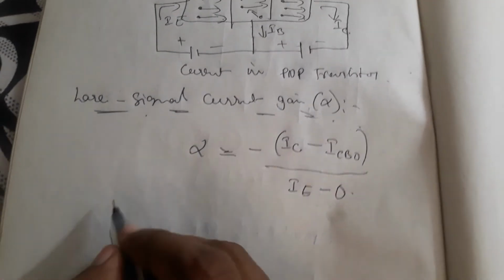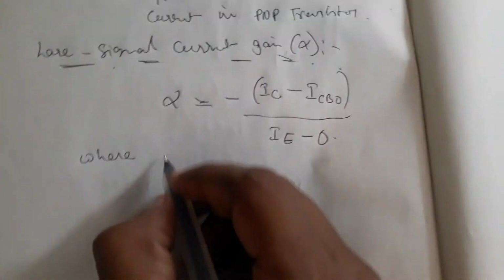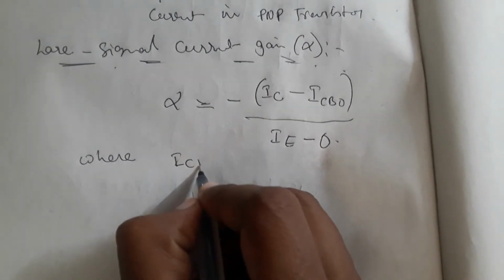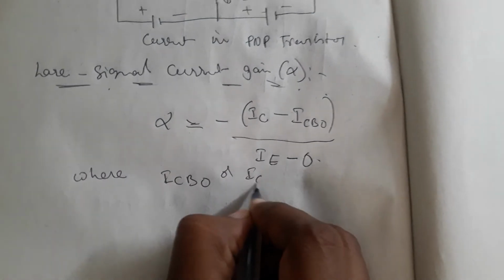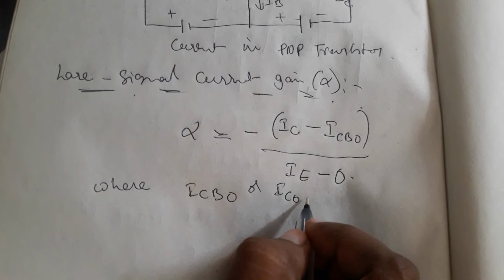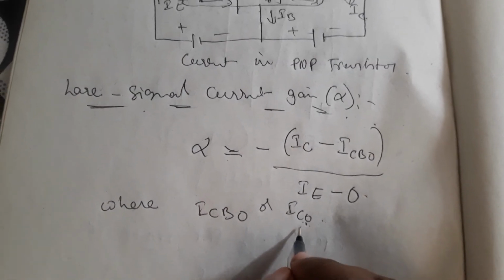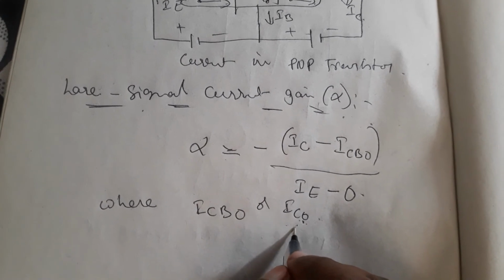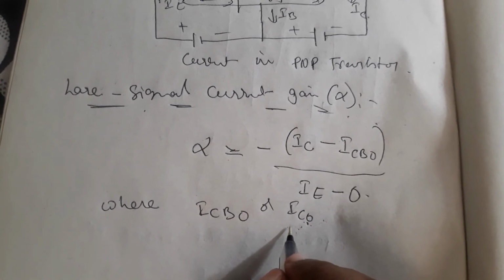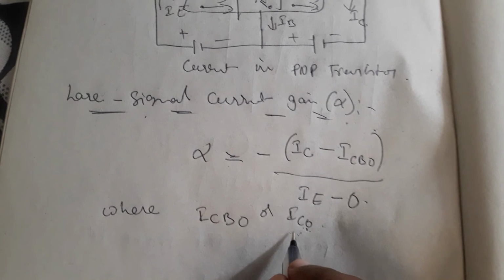Where ICB naught, or IC naught, is the reverse saturation current flowing through the reverse biased collector base junction. That is the collector to base leakage current with emitter open.